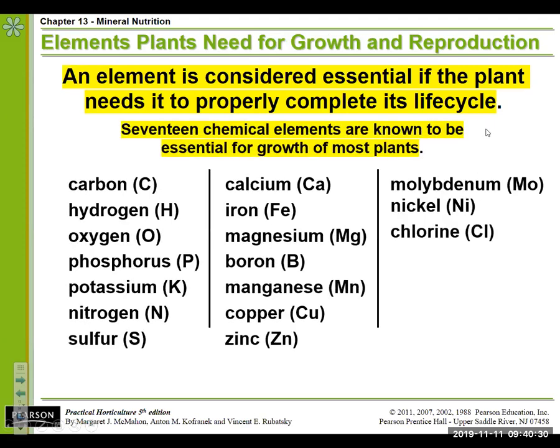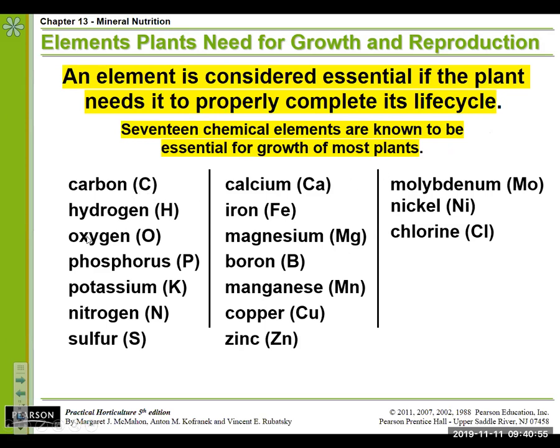Let's just talk about the essential elements. To be considered essential, basically the plant needs that nutrient to complete part of its life cycle. And depending on who you talk to, we have 16 or 17 essential chemical elements known for the growth of most plants, listed here.